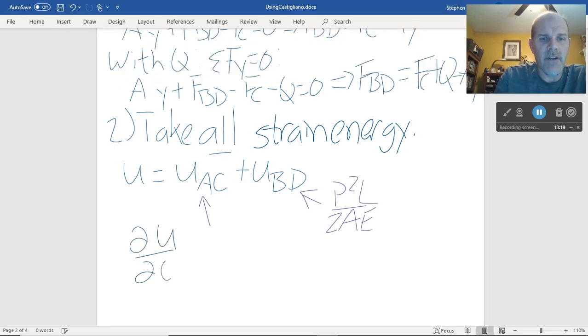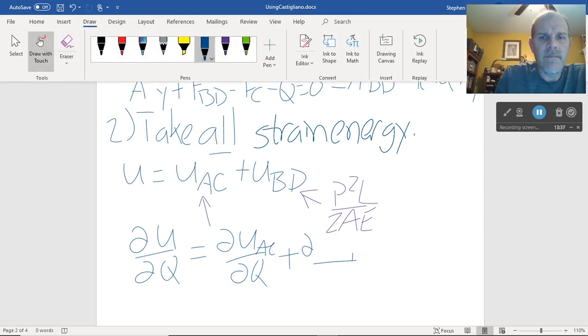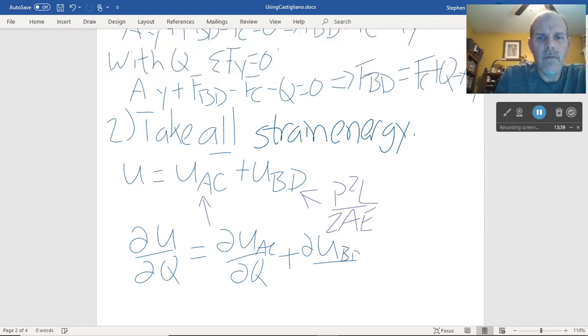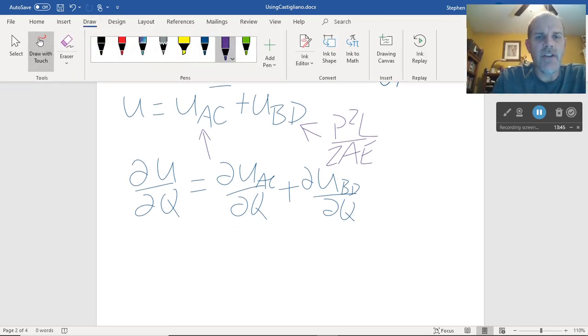Let's say I'm looking for the deflection of point B, partial U with respect to Q, is equal to partial U AC partial Q plus partial U BD partial Q, where for the AC thing, because it's a moment situation, right?